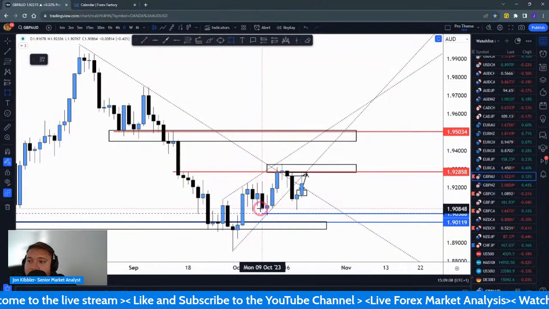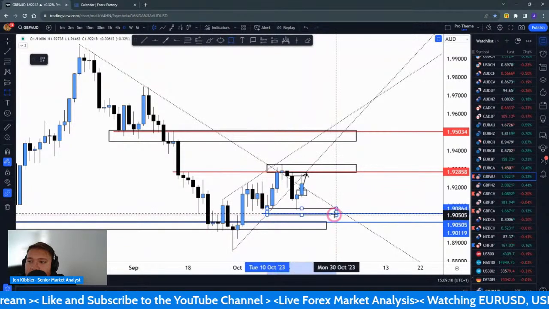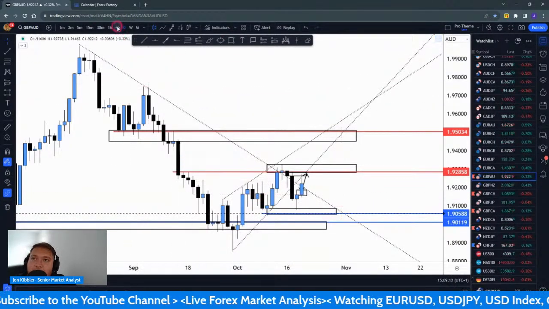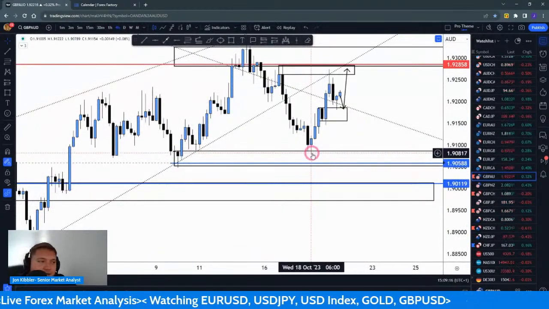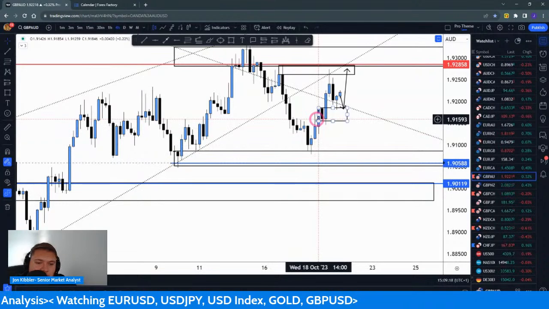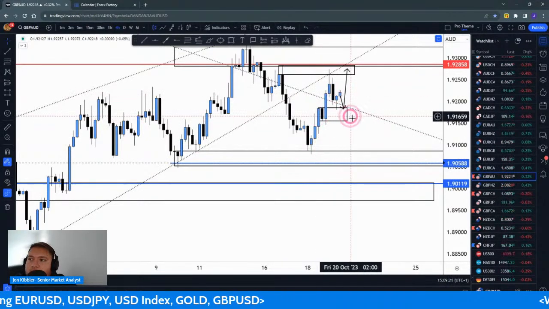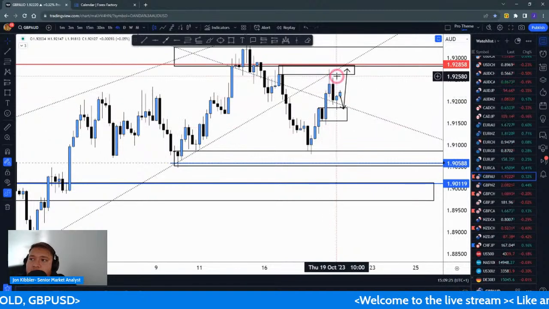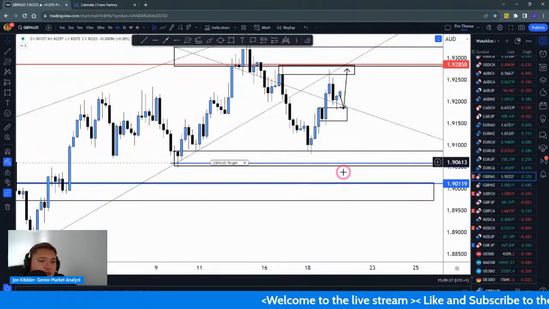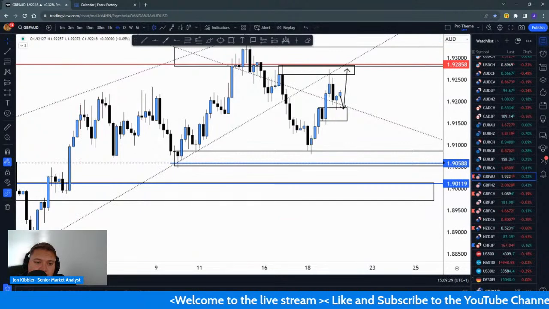Now, if I actually drew it as a zone, I would have also noticed that we tapped into the zone, very much just tapped into that little zone there, and price started to push to the upside. So I took myself out of that one for a very small loss. If I'd left it, I would have had a full loss. Okay, and that's what it's all about.